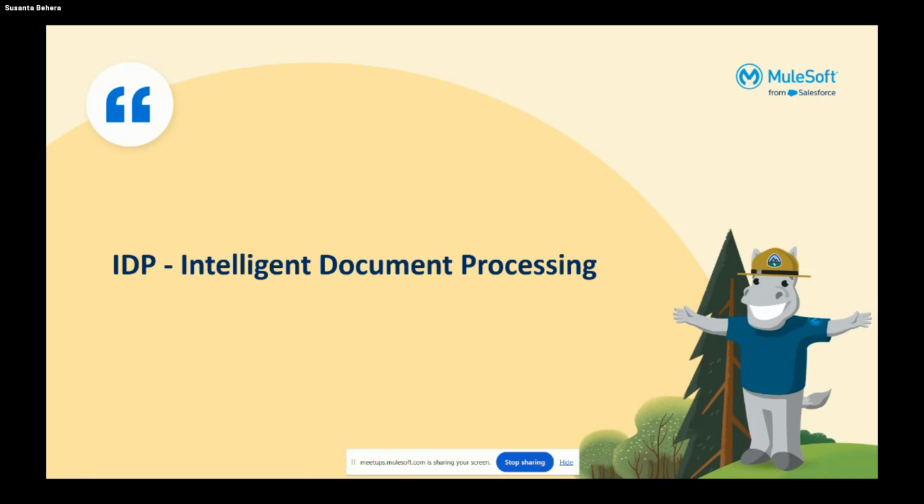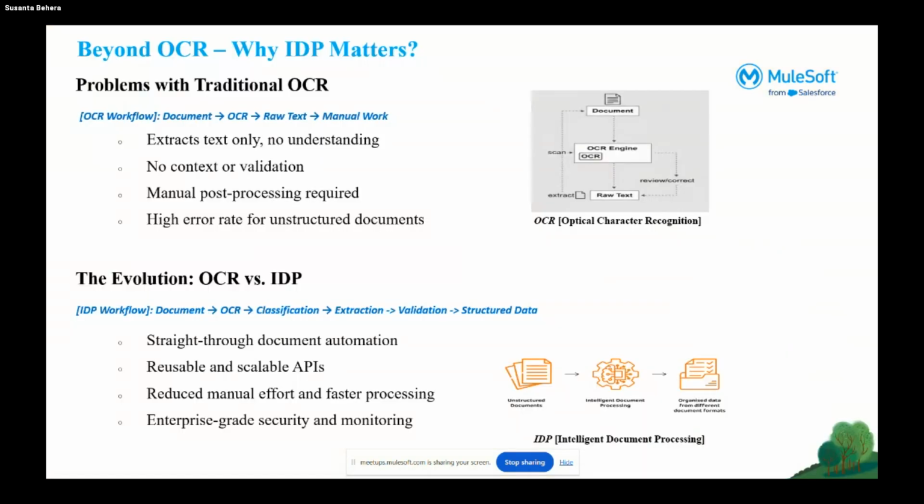So that's our topic for today, how we can deep dive into intelligently processing documents. As I mentioned in the summary section, why OCR, and why IDP is beyond OCR. As you know, we have our traditional OCR, optical character recognition, which for each and every enterprise they are using and have used before.